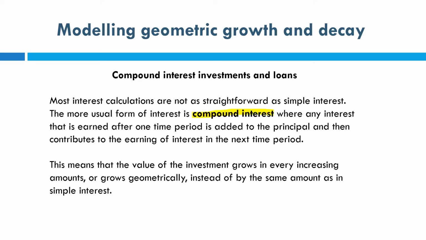So for compound interest, it's important to know the principal, so what we started with in terms of either our investment or our loan. So the amount that we start with, we need to know the period of time it's there, and we also need to know the rate, because each of those bits of information form our formula, which is going to allow us to calculate how much we have in an account by the end of a particular period of time.